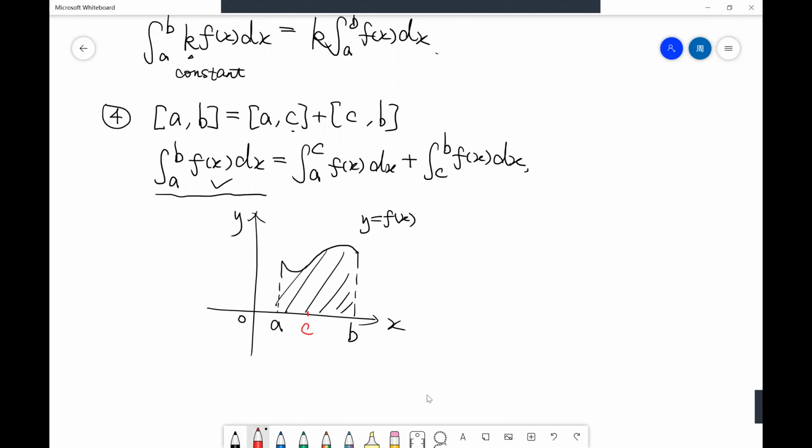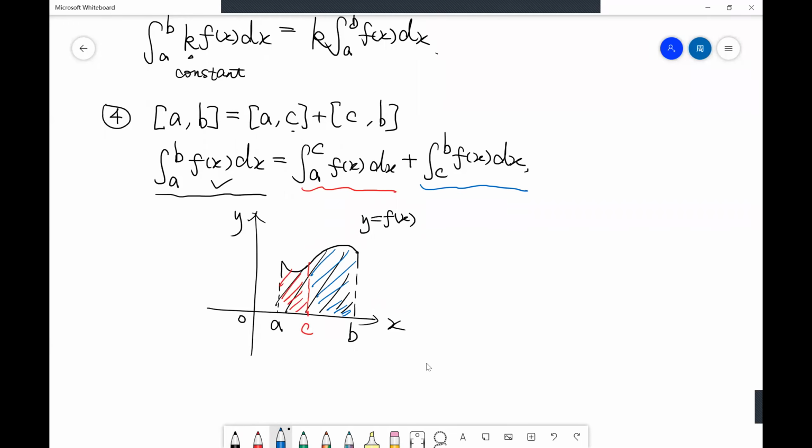And we know the first definite integral from A to C means the area of this part, right? And another from C to B means the area of this part, right?